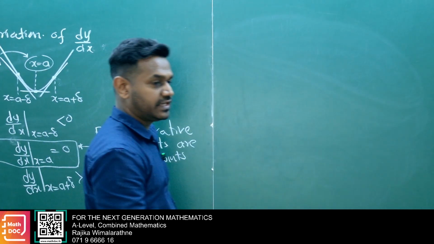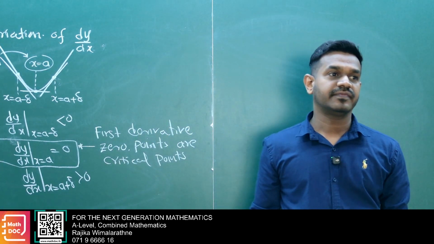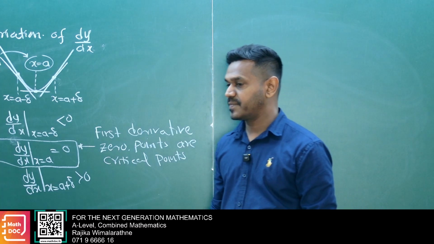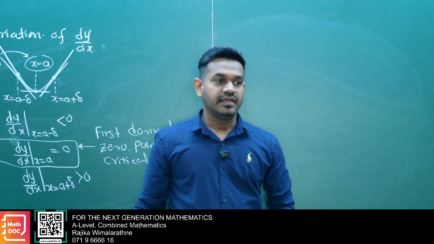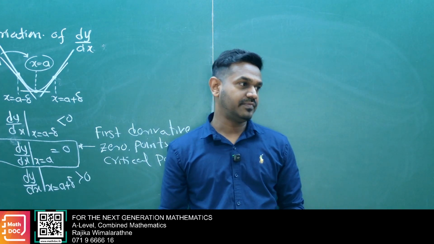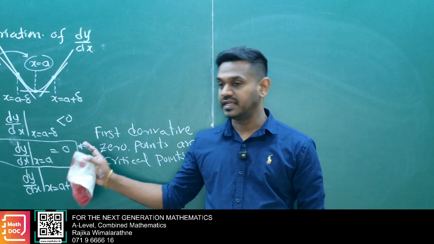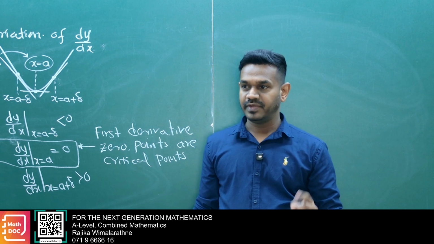Okay, then the first derivative 0 position is the critical point. So when you are doing application of derivatives, you have to identify the critical point first. So that point belongs to maximum or minimum, no?